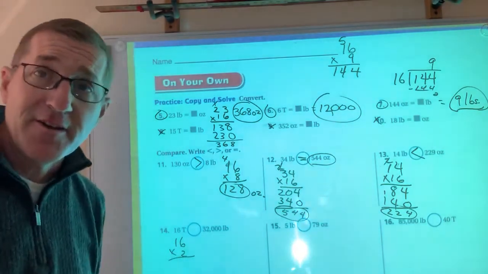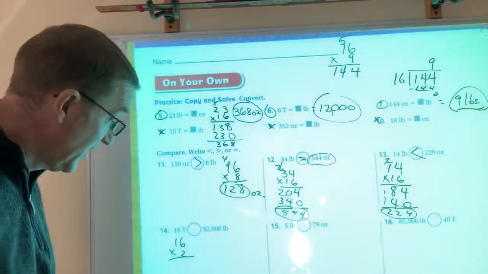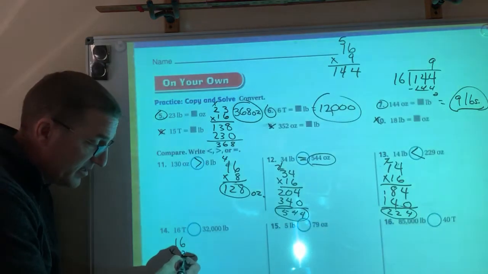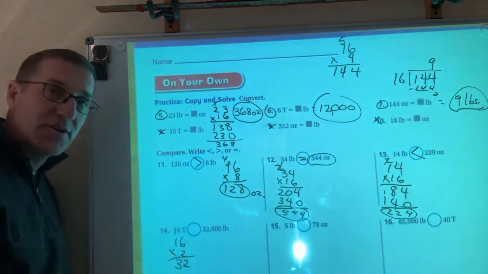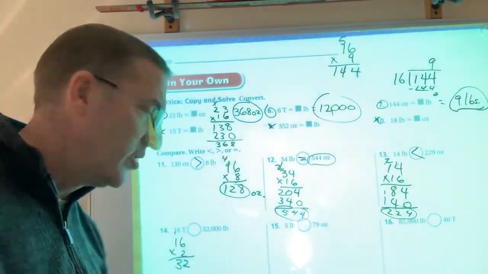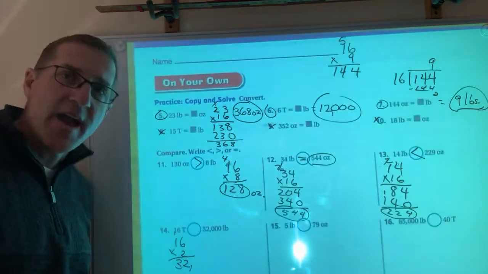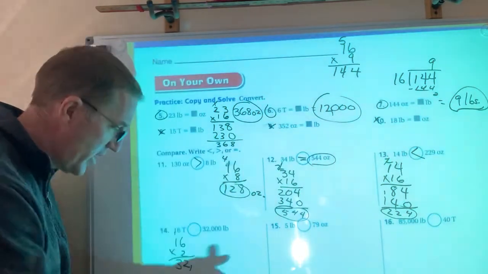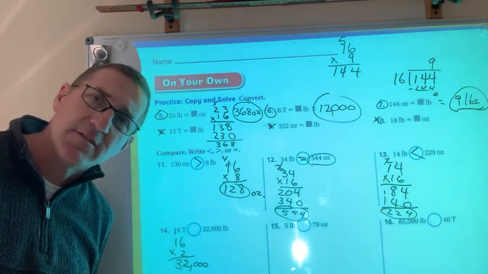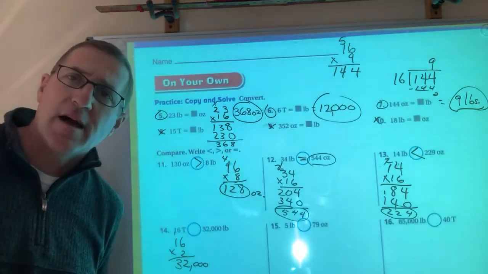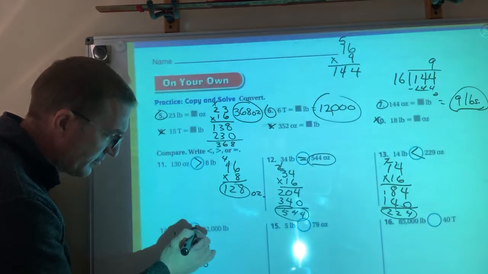This you probably already know since we're multiplying so many 16s lately. 16 times 2, well 2 times 6 is 12. 2 times 1 is 2 plus the 1 is 3, so I get 32. That should sound familiar, right? And then how many zeros do I add? 1, 2, 3. What's bigger, 32,000 pounds or 32,000 pounds? I think they're the same, equal.